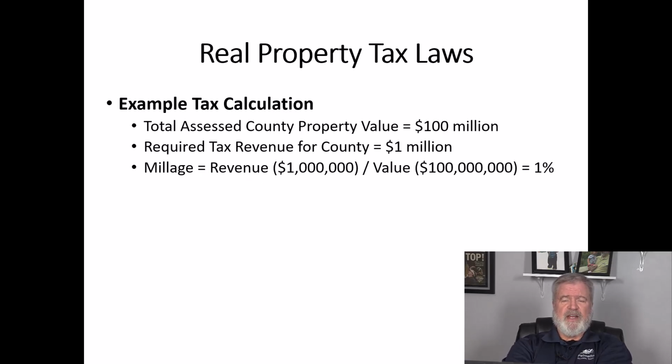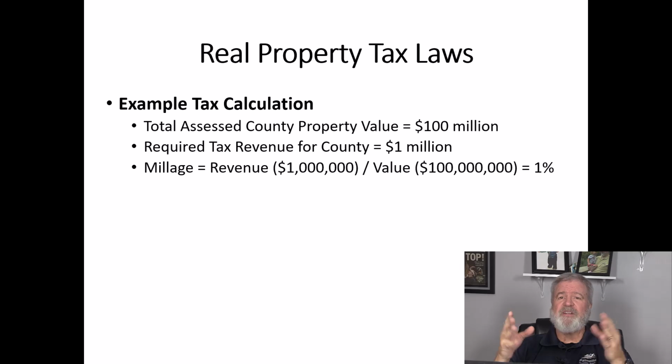Now let's look at an example of how these property taxes are calculated. The first thing, in this example, the county has determined that there's $100 million worth of property value in this county. $100 million.